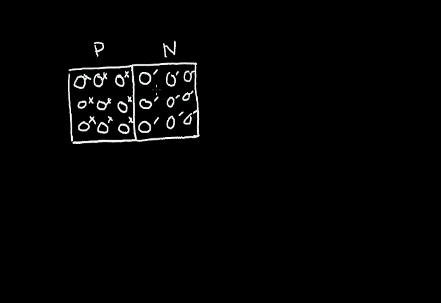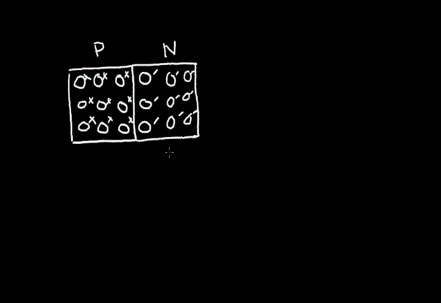So when I put these two regions together, in the N material, I have an excess of free electrons that can move around. In the p-type, I have an excess of holes that can move around. Now when I put these two regions together, there's a process that occurs. Since I have a lot of electrons in the n-type, these electrons can diffuse.